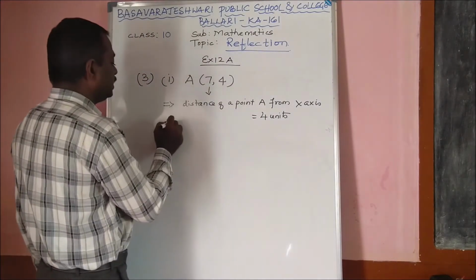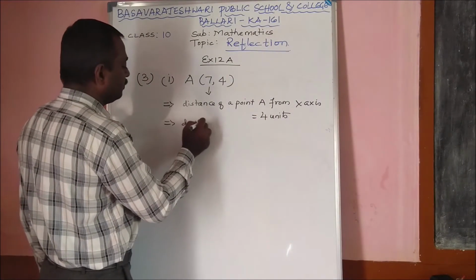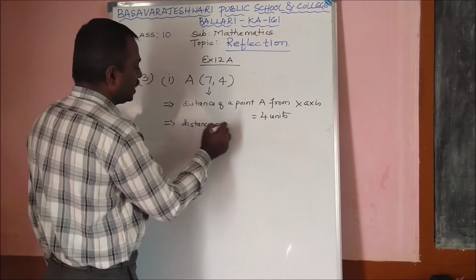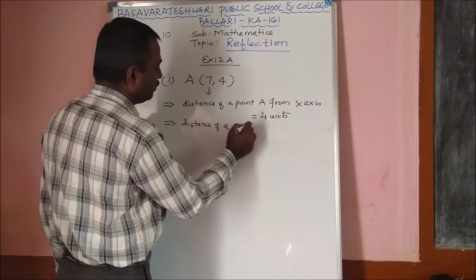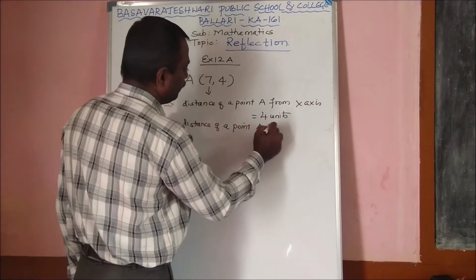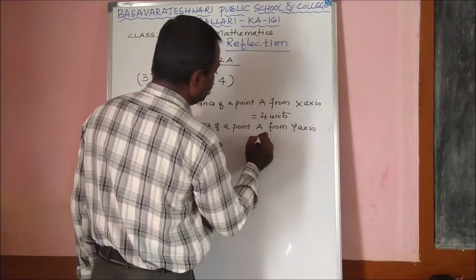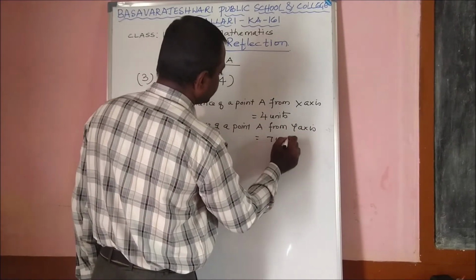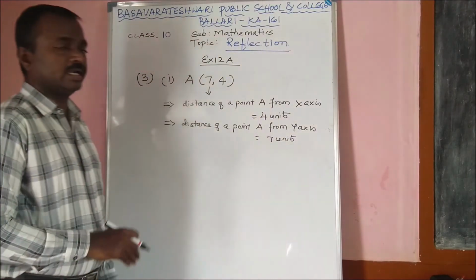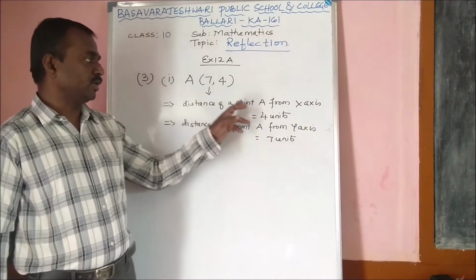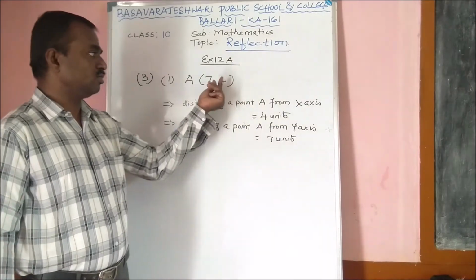Next, distance of point A from the y-axis is equal to 7 units. Correct? Distance of point A from the x-axis is equal to 4 units.